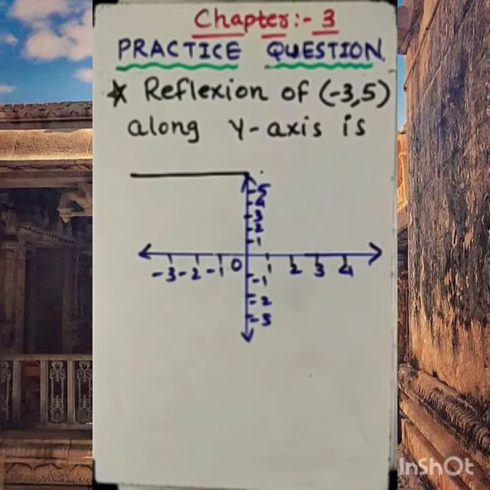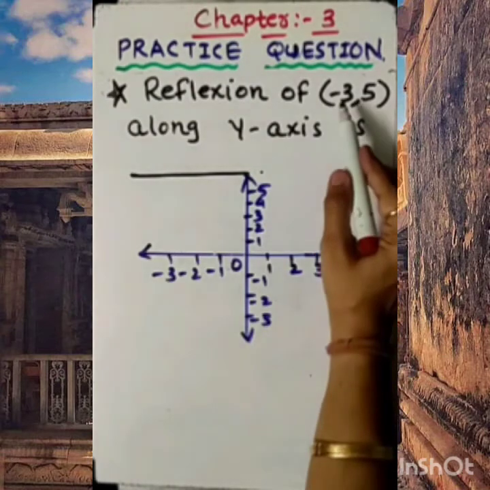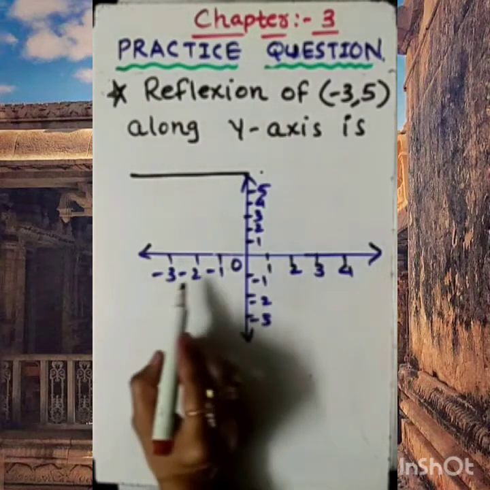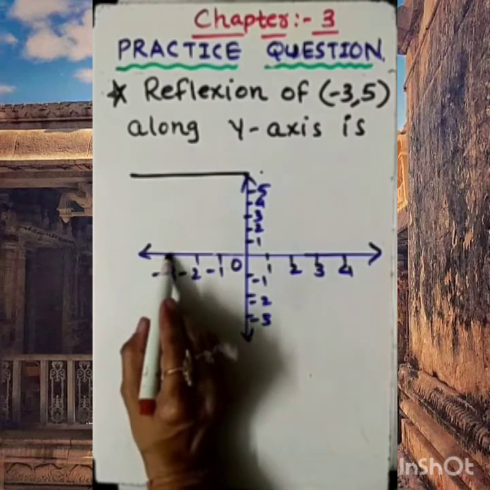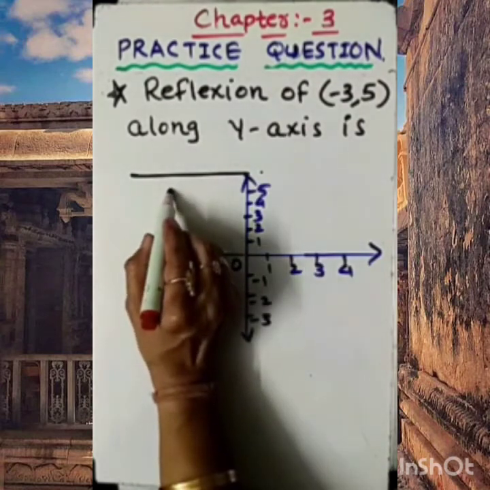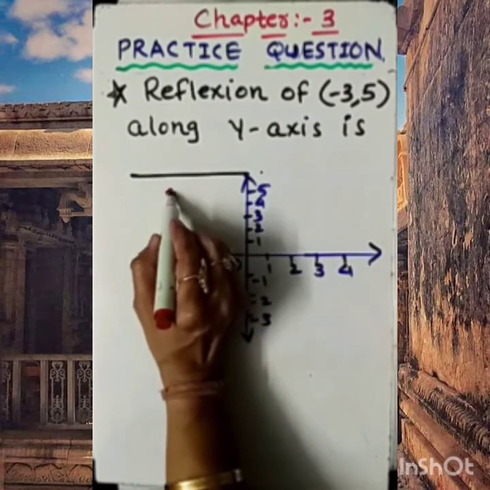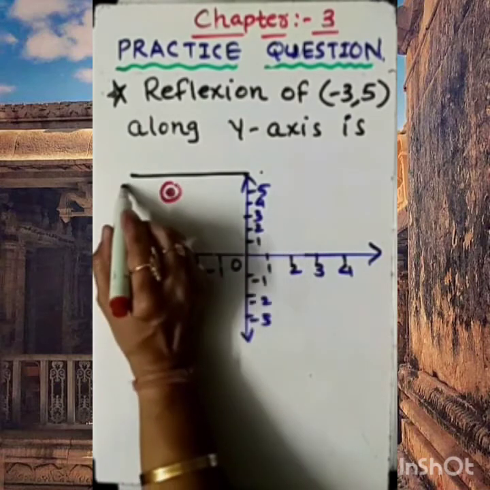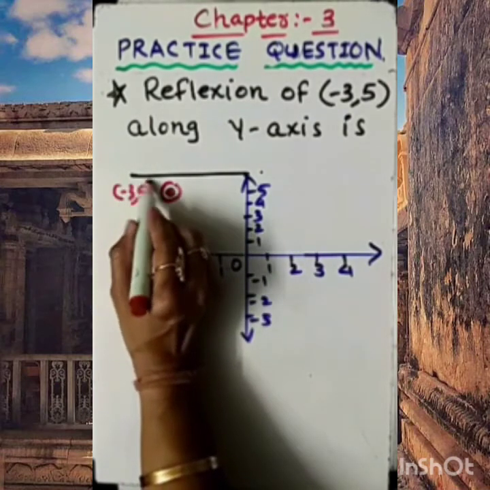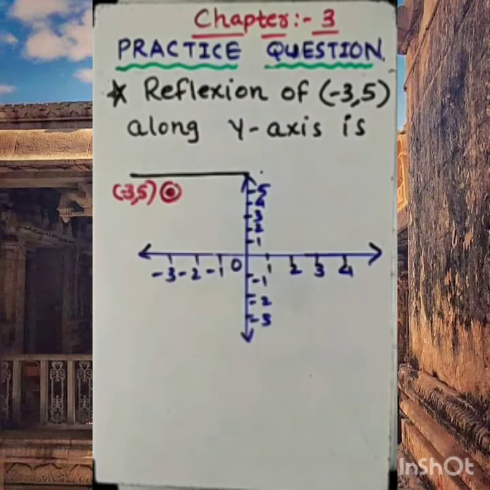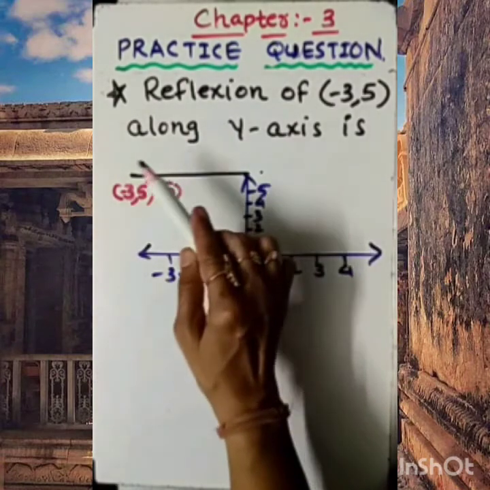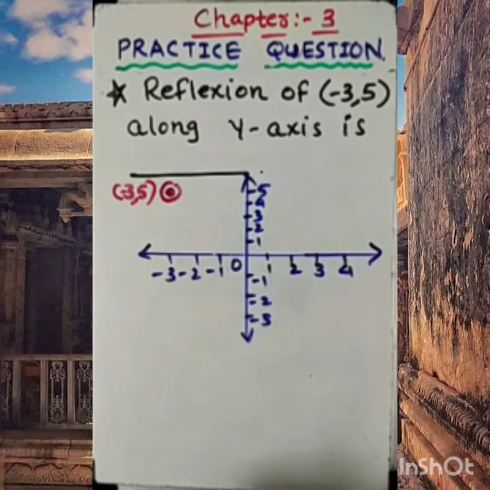So where the location of the point for this minus 3 comma 5. So of course minus 3 abscissa, so it will move from here and this 5 from ordinate. So it will lie somewhere here, minus 3 comma 5. Right. Clear?